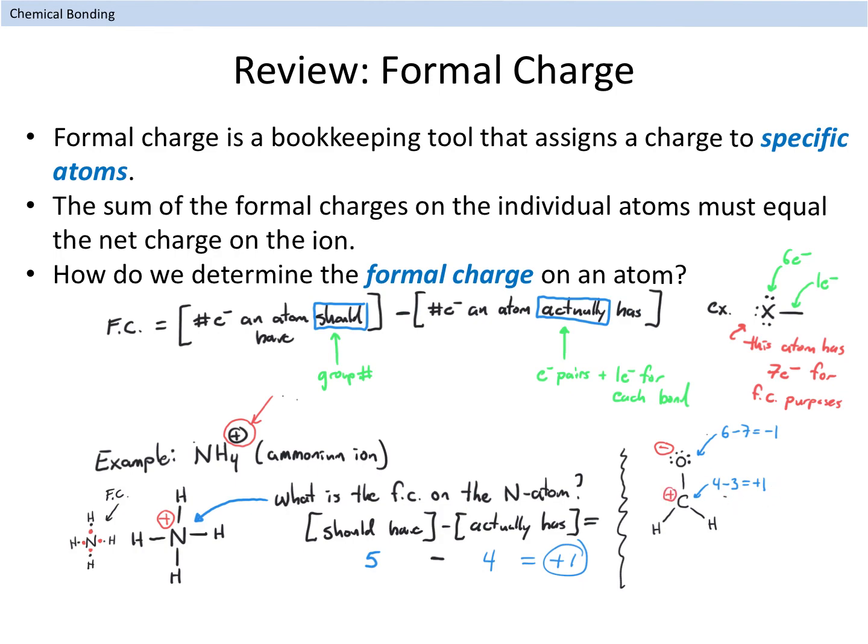That's because 4, how many it should have, minus 3, how many it actually has, is +1. Nice work. Okay, but why is formaldehyde neutral if it has atoms with formal charges? That's exactly right. The -1 charge on oxygen and the +1 charge on carbon sum to 0. You are doing awesome, by the way.